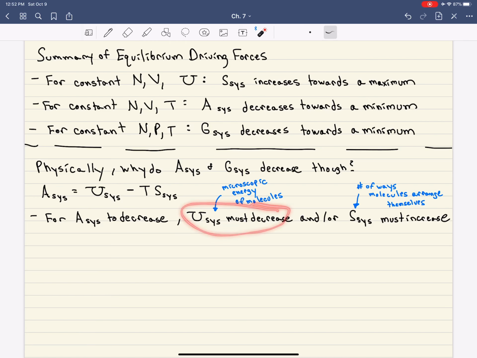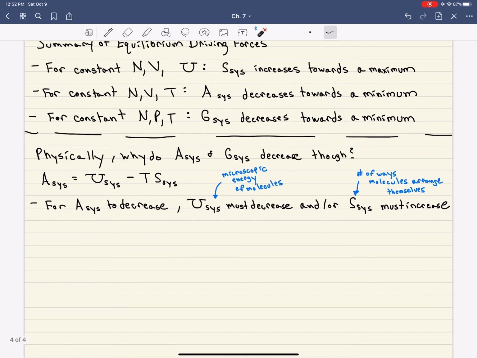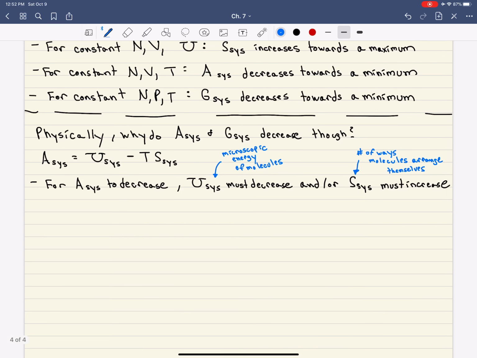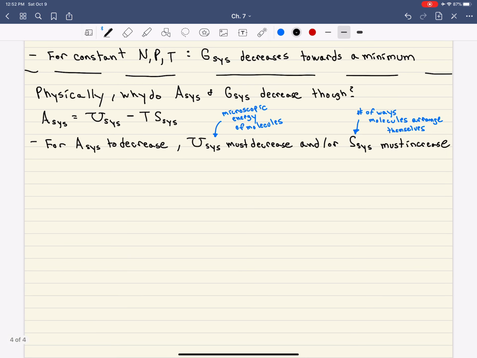If the internal energy of the system is decreasing, so the system is losing energy, we know from the conservation of energy, from the first law of thermodynamics, that that energy needs to go somewhere. The overall energy needs to be conserved. And so if our system is losing internal energy, that energy goes into the reservoir.